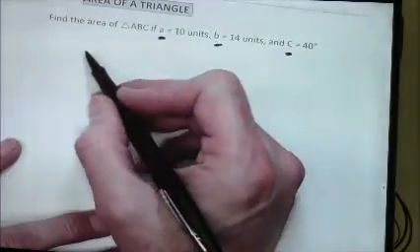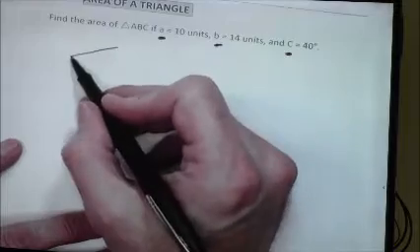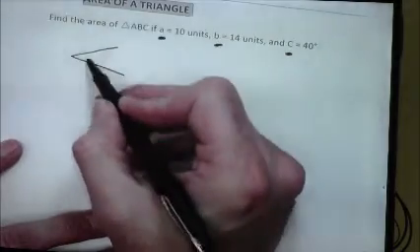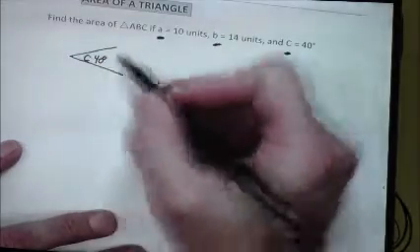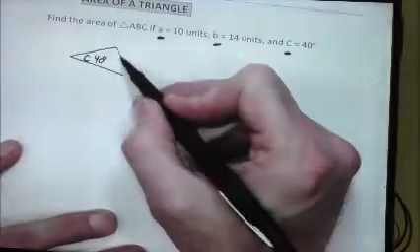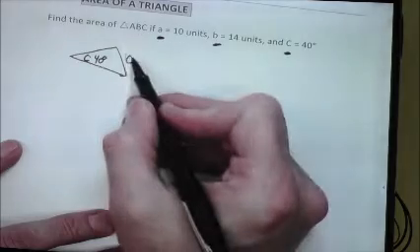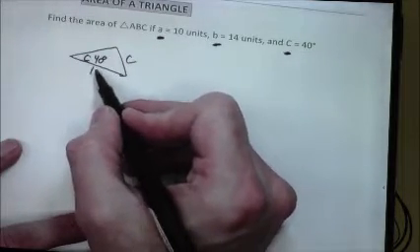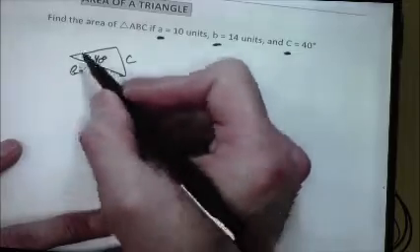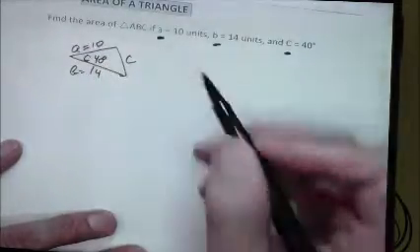So it's sort of set up like this. I'm going to call that angle C at 40 degrees. And then there's a length across from it, but we don't know that. What we know instead is this length, we call that B at 14. And A is 10.